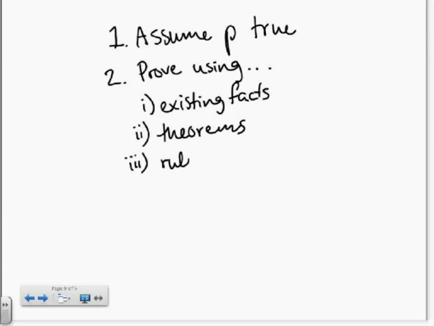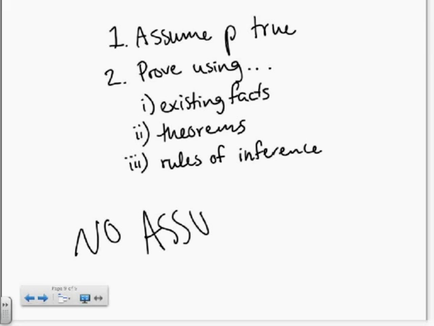The rules of inference can be found in your textbook on pages 69 through 71 and include laws such as the identity law, the distributive law, and the associative law. And remember, make no assumptions except for the premise.